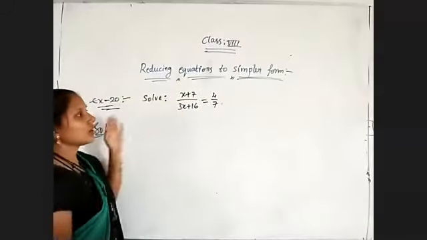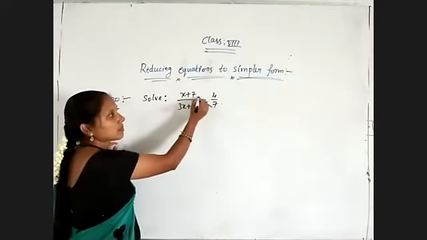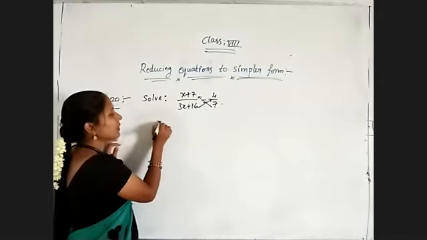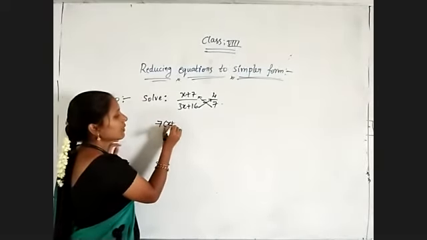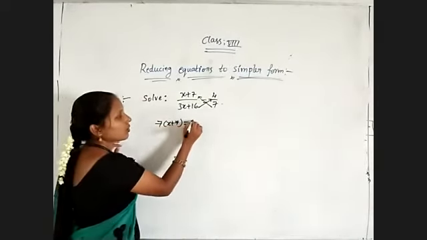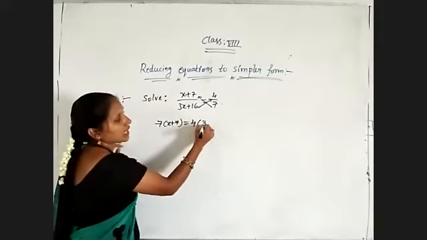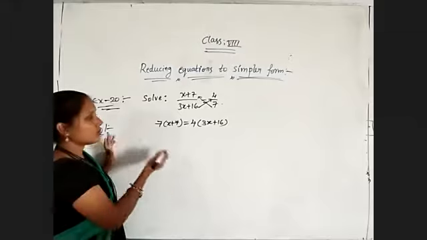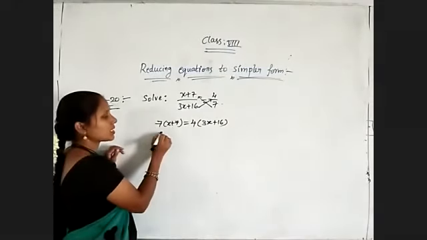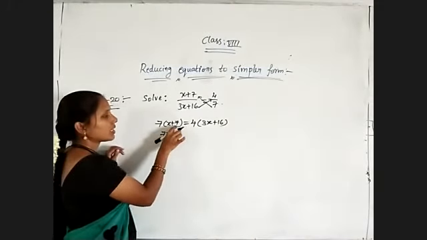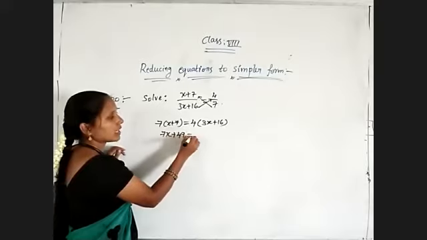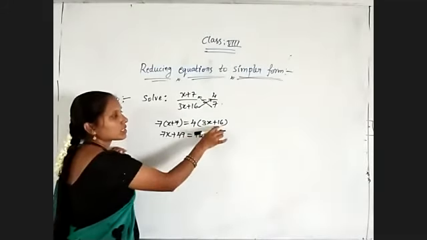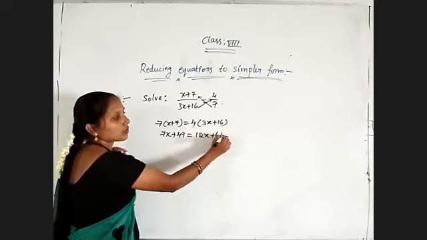Very simple. This number we must multiply on this side, and this number on this side. So 7 into (x + 7) is equal to 4 into (3x + 16). 7 into x is 7x plus 7 into 7 is 49, equal to 4 3s are 12x plus 4 16s are 64.